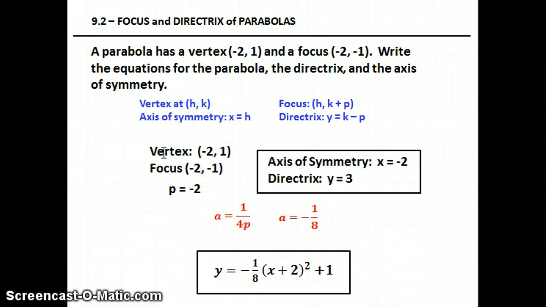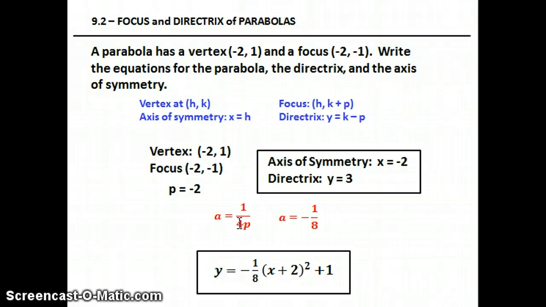Knowing that we have our vertex, we have our focus, we have p equals -2. Therefore, our axis of symmetry, x equals h, has to be -2. Our directrix is y equals k minus p, and so our directrix is going to be y equals 3.